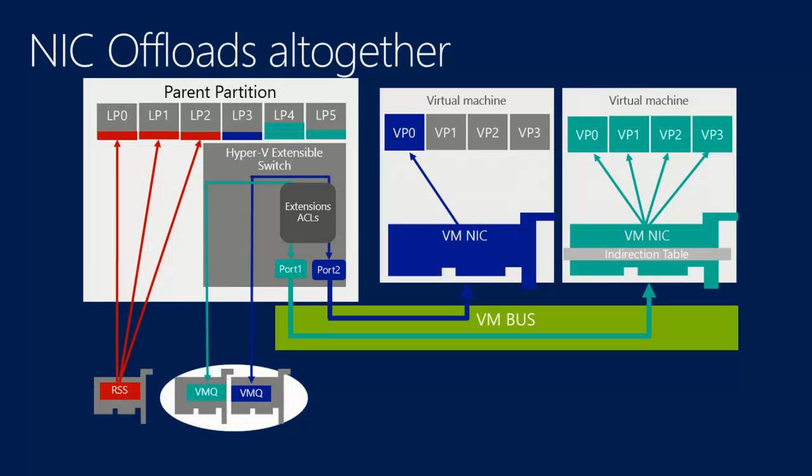So to Don's point earlier, if you have an environment where you need to spread traffic for your host processing, a lot of your SMB traffic or storage traffic all flows through the host VNIC, regardless of how many VMQs you have set up. And the problem there is we don't actually enable VRSS for the host VNIC. It's only for VMs at this point, and so you're stuck with one processor.